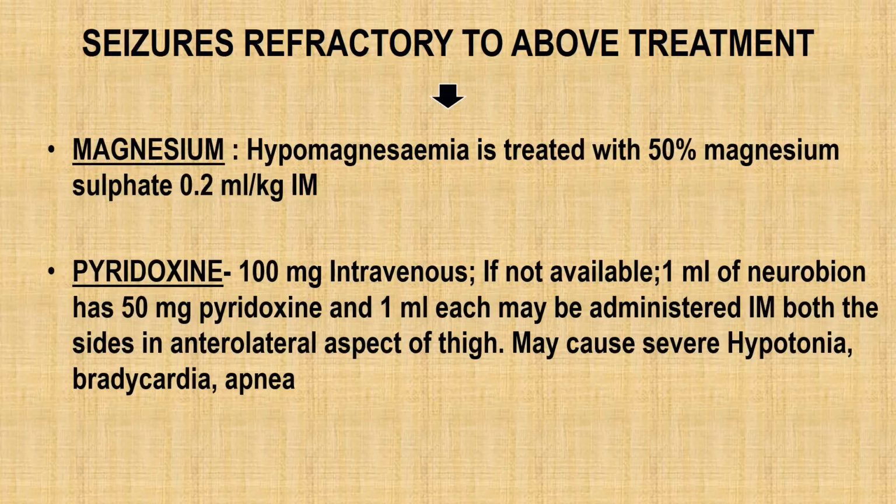If it is not available, then Neurobion, which contains 50 milligram pyridoxine per ml, 1 ml each may be administered IM in both sides of the thigh in the anterolateral aspects. Severe side effects of pyridoxine are that it can cause severe hypotonia, bradycardia or apnea. So we have to be very careful.